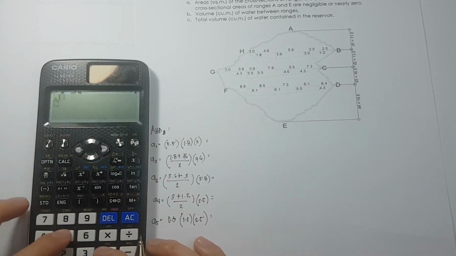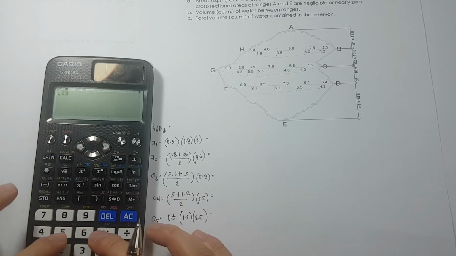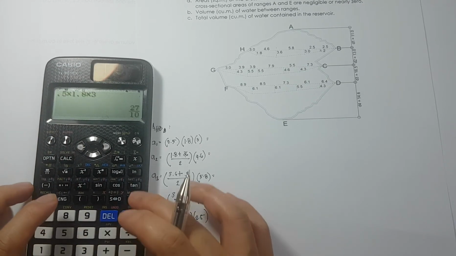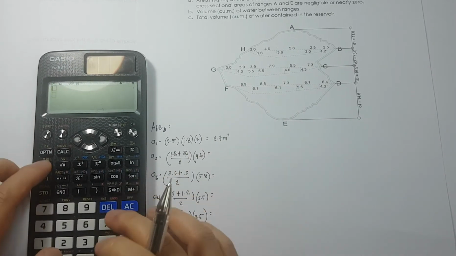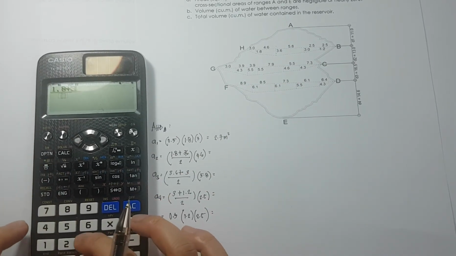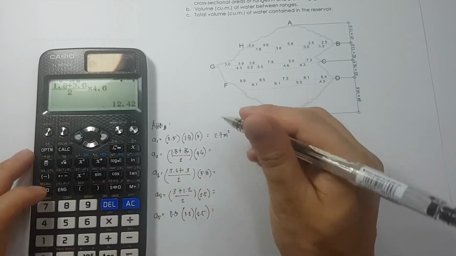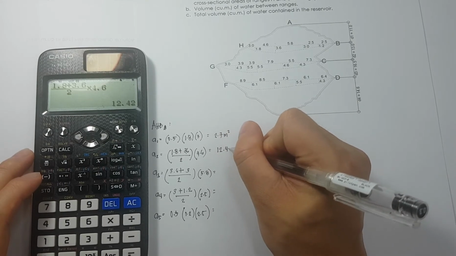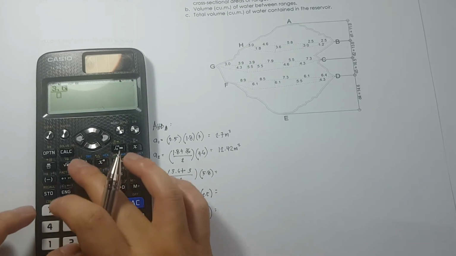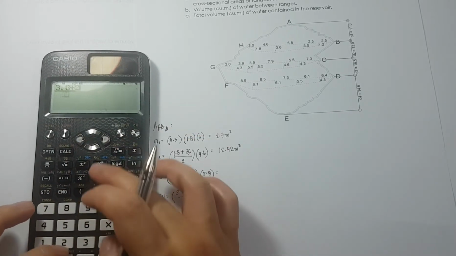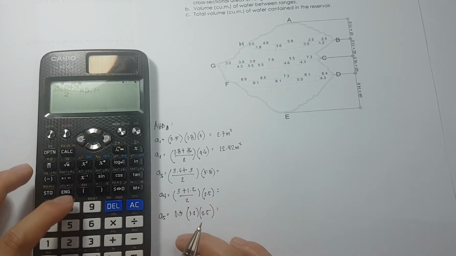So, we have here 0.5 times 1.8 times 3. So, this is 2.7 square meters. Next, for the trapezoid, we have 12.42 square meters. Then we have 3.6 plus 3 over 2 times 5.8.